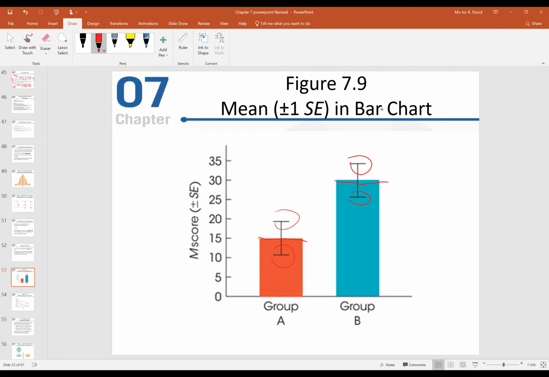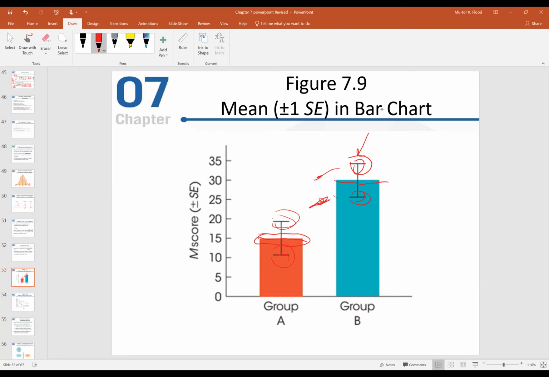If the what are called error bars, these right here, overlap with each other, let's say we had group A and group B, and the overlapping region also includes the means of the sample, then there is strong evidence that there is no difference between the means.